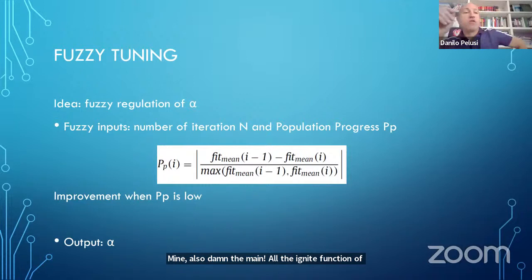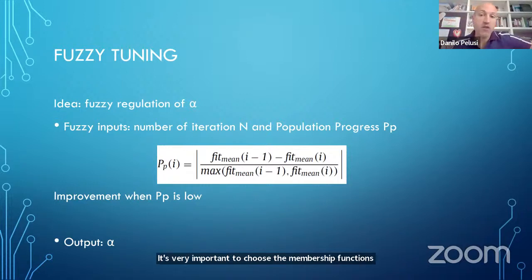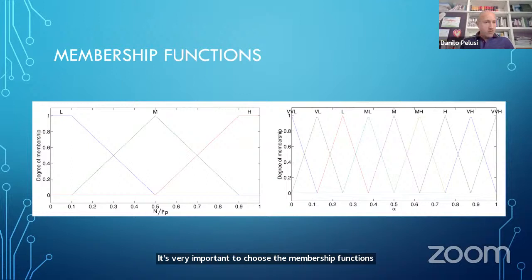Well, once we have chosen the fuzzy inputs and the fuzzy output, it's very important to choose the membership functions of our system. The membership functions are the same for the two inputs, number of iterations and population progress. It's very important, when we design a fuzzy system, to choose suitable membership functions.